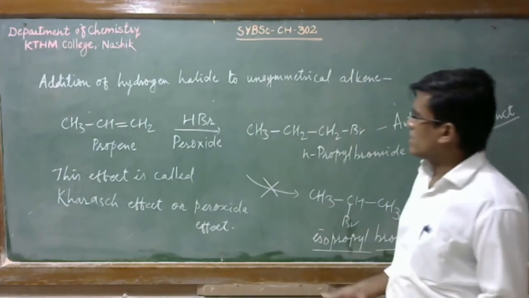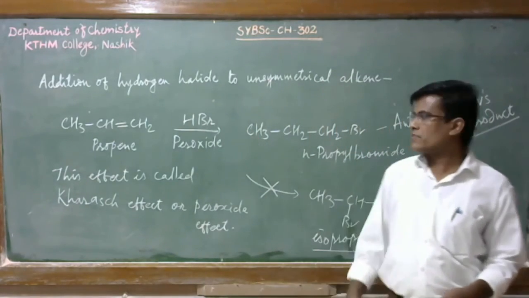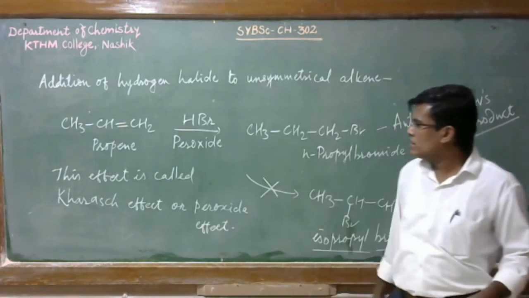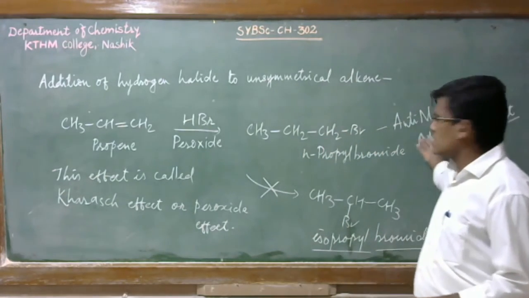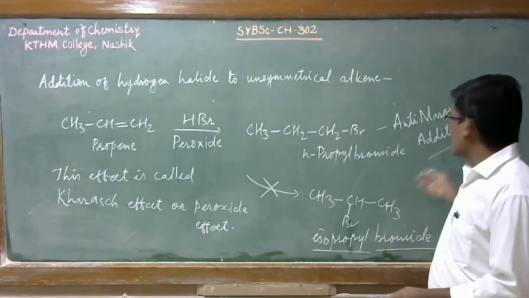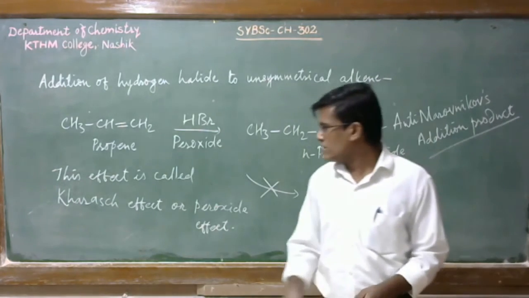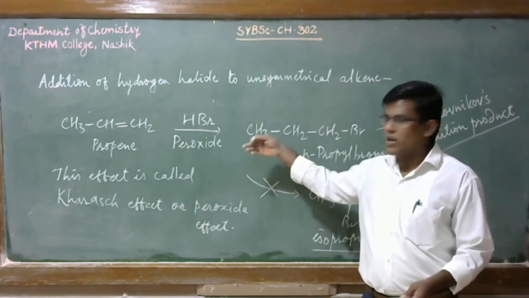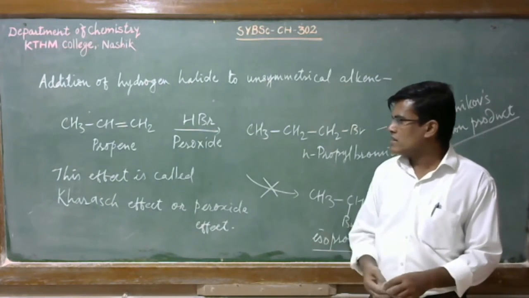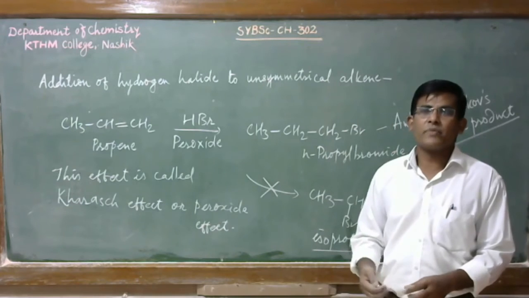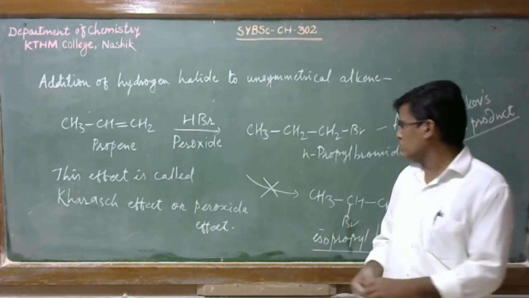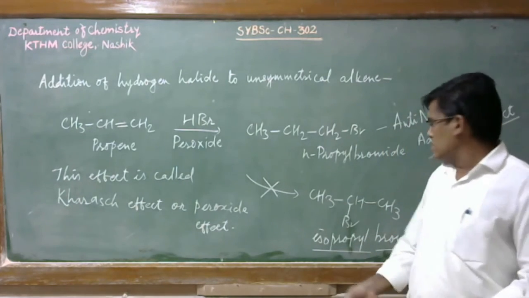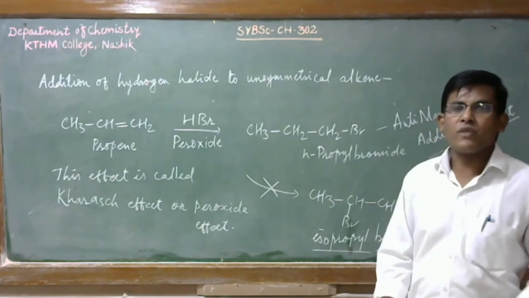So when you treat this alkene with HBr in the presence of peroxide, it will generate the anti-Markovnikov addition product. Because of the presence of peroxide, this effect is called the Kharash effect or peroxide effect. So it does not give the Markovnikov addition product.